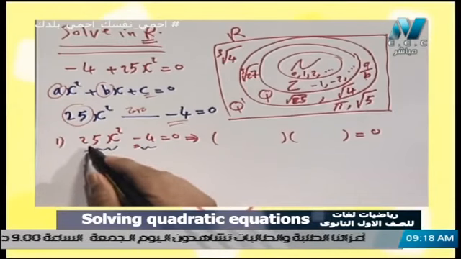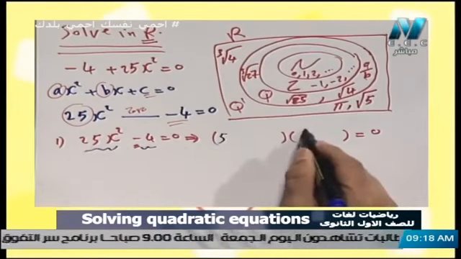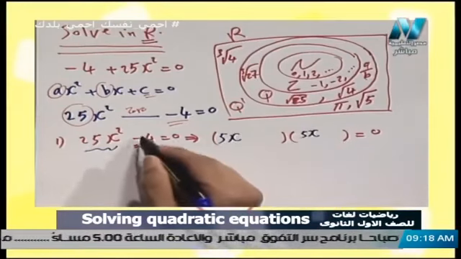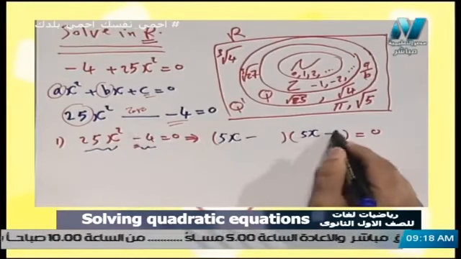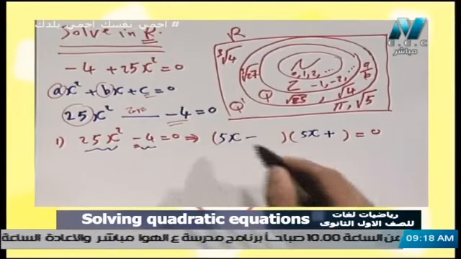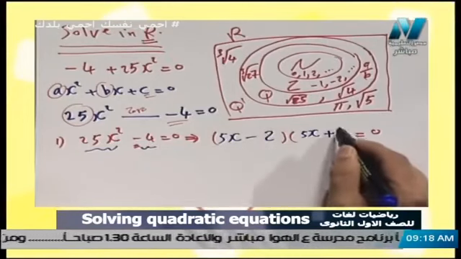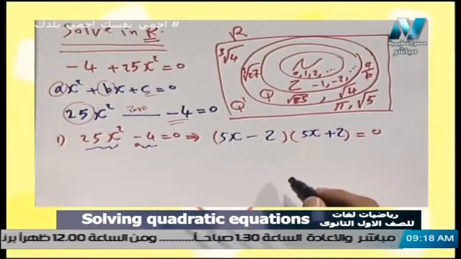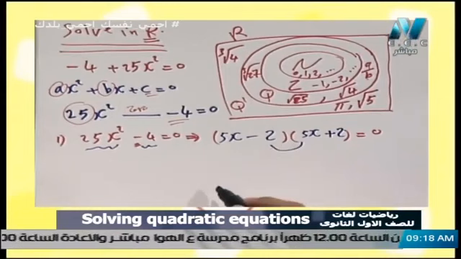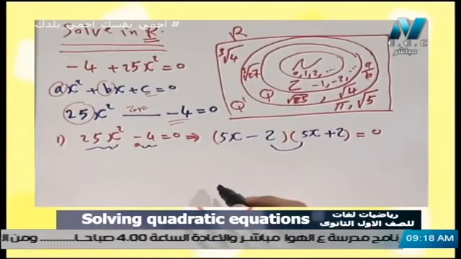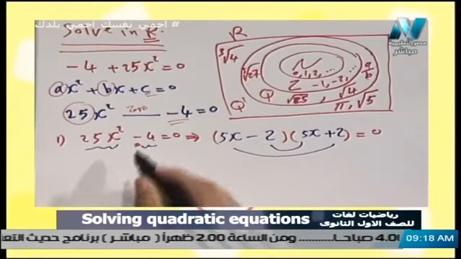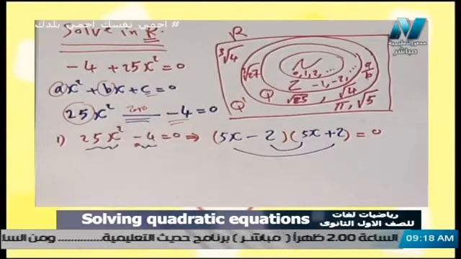Here 25 is 5 multiplied by 5, x power 2 is x multiplied by x, and 4 is 2 multiplied by itself. To check that it is correct, we multiply the product of the means and the product of the extremes, and their sum will be 0, which is the middle term.